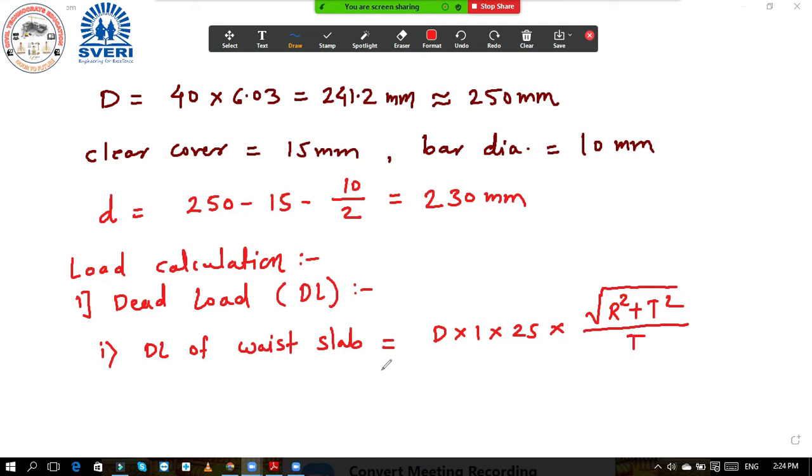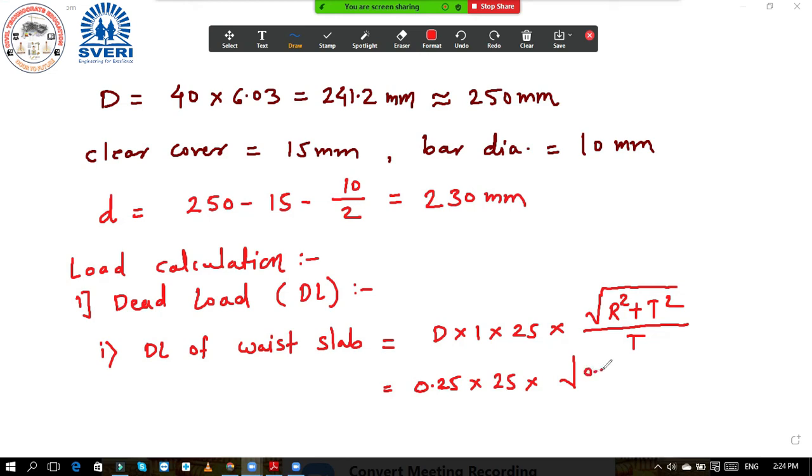Now if you put the values, what is D? Overall depth is 250 mm, so it is 0.25, into 25 into under root riser square plus tread square. Now take it in meter.